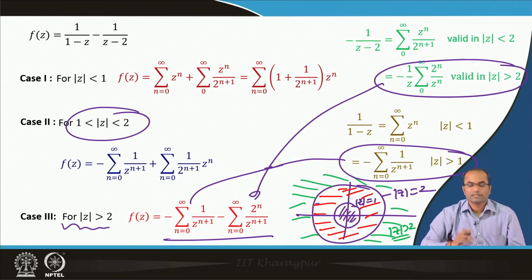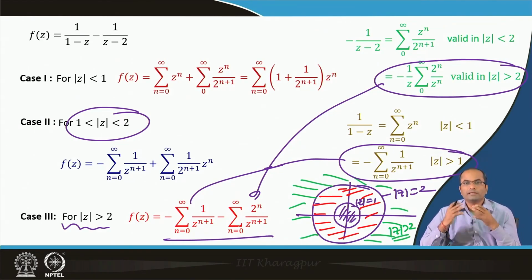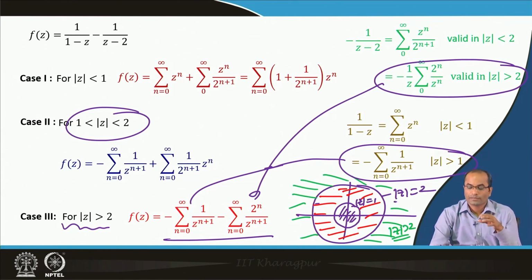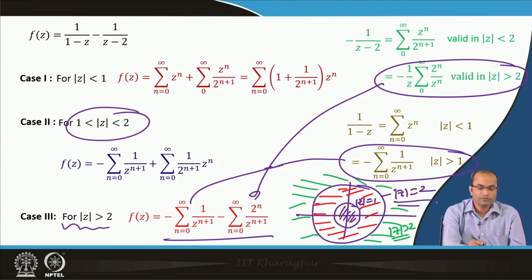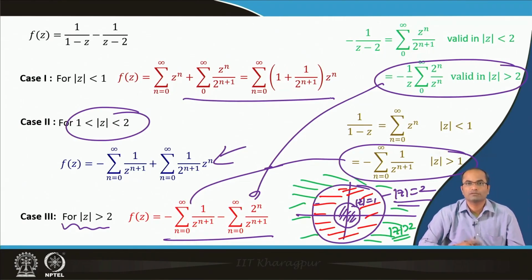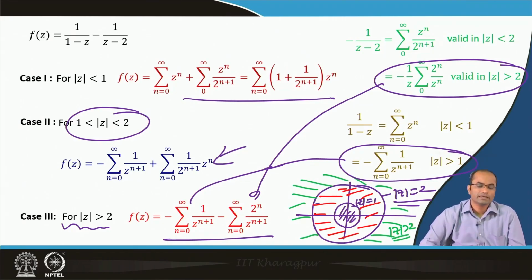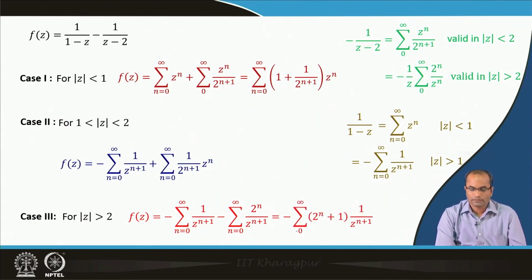So, in this expansion we are going to have only the negative powers. So, in the outer region, mod z greater than 2, we get only the negative powers. In the annulus we were getting positive and negative powers, and inside the disk where the function was analytic we were getting only the positive powers of z. Well, so this we can club, and then we have this in compact form.